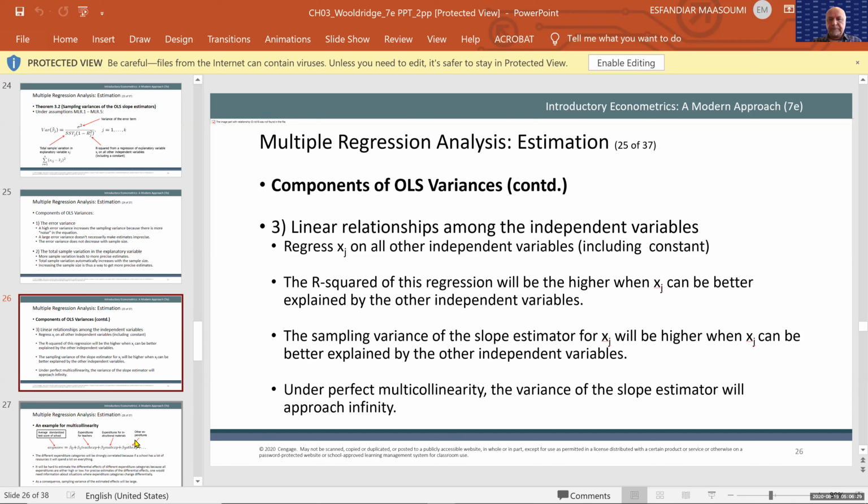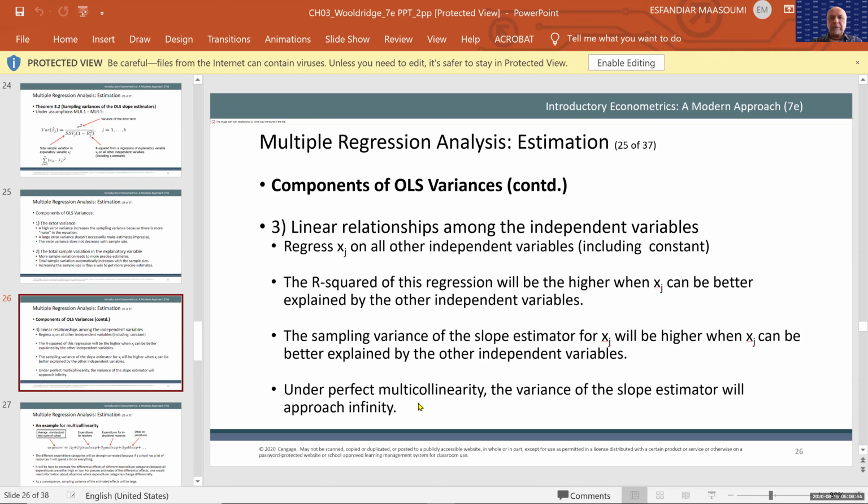Okay, we've talked about this. Now you can see why multicollinearity matters, because if you have multicollinearity, then the R squared j that I talked about would be equal to 1, and you get infinite variances. Computers don't compute infinity. If they divide by 0, they collapse.